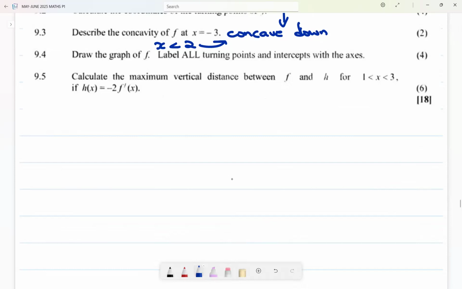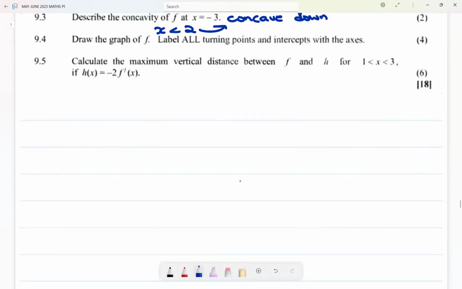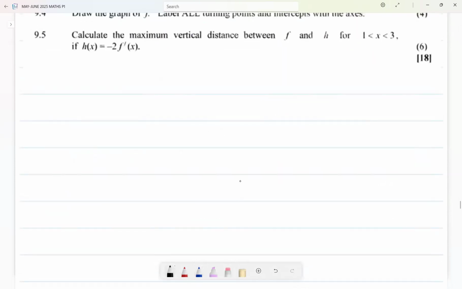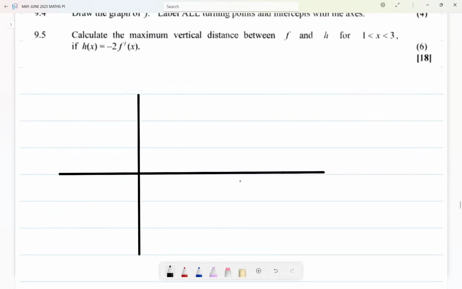Draw the graph of f, label the points, and what I can draw now easily, a bit confidently. So, y, x.